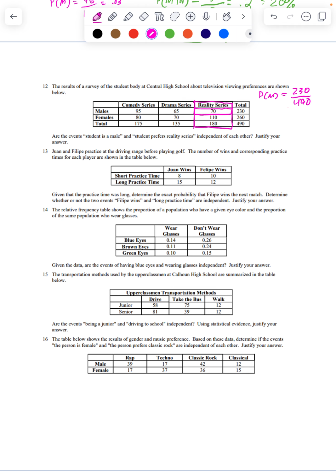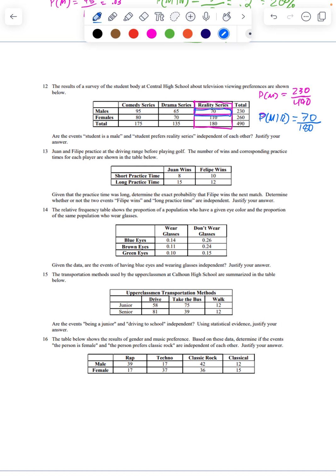And now we're going to find P of M given you like a reality TV series. That's what they're really trying to ask here. So how many of these reality TV series lovers, which is 180, how many of them are male? 70 of them are male, right?